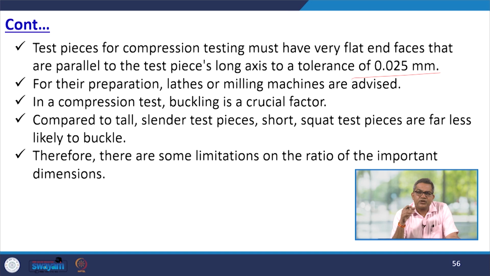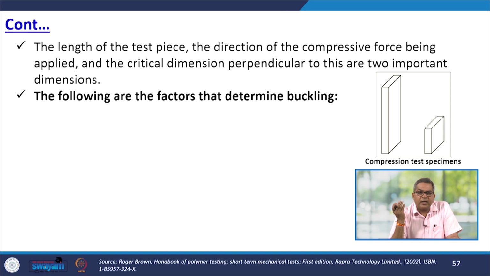Therefore, there are some limitations on the ratio of the important dimensions. Now, the length of the test piece in the direction of the compressive force being applied, and the critical dimension perpendicular to these two important dimensions.